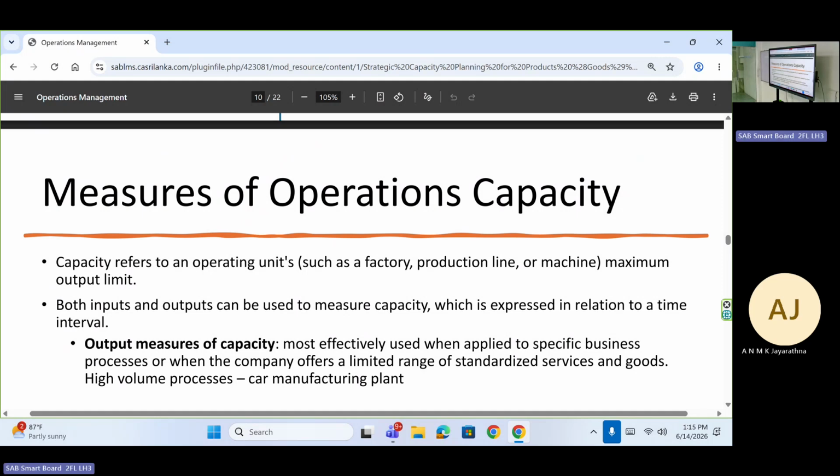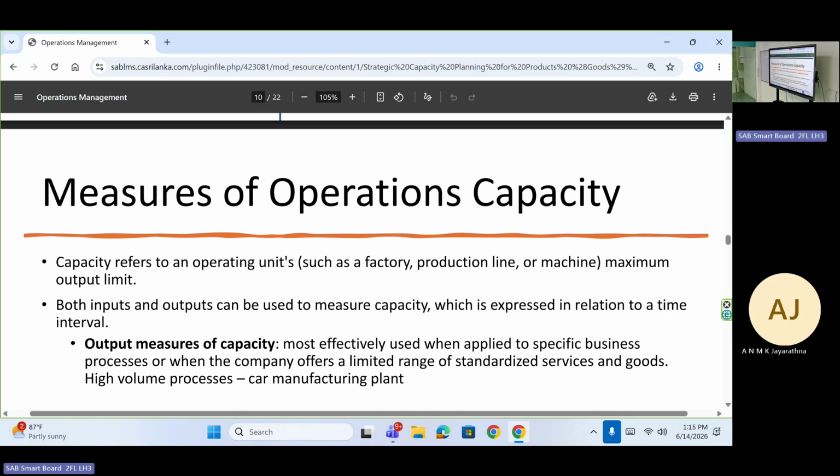Think about the service process. If we consider this chair, is it an input or an output? It's an input, right?